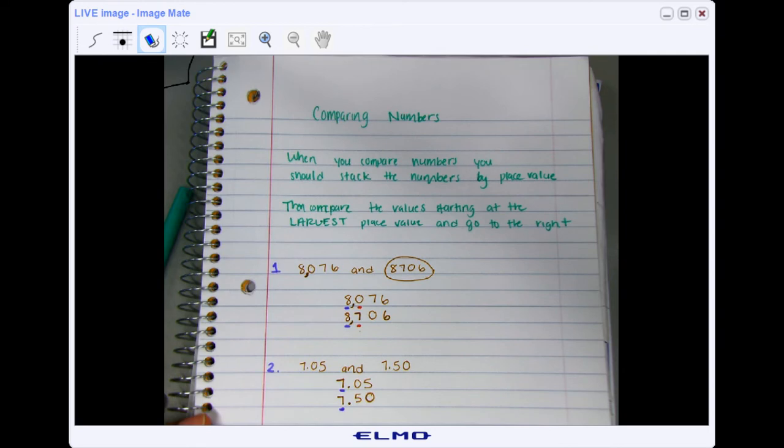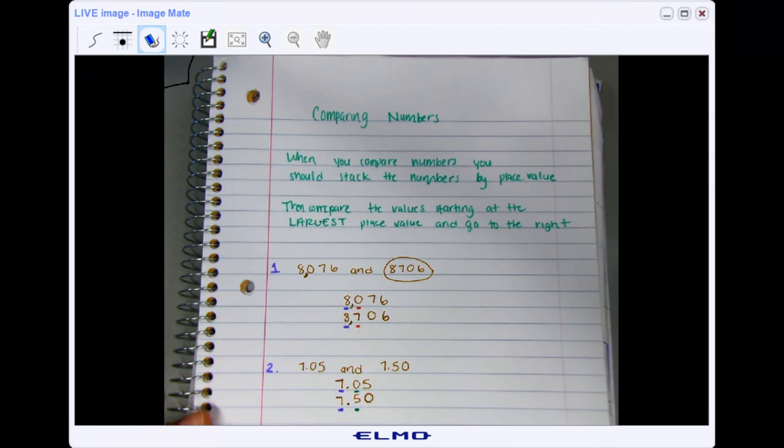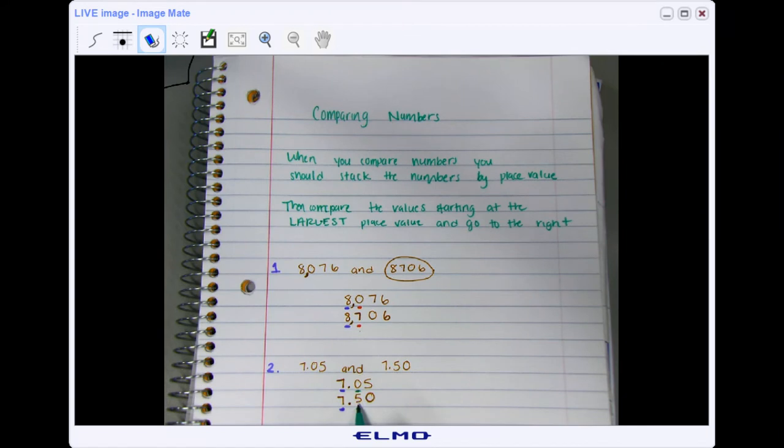And the next place value is the 10th place. There's a 0 in the 10th place and there's a 5 in the 10th place. What are you noticing? Which digit is worth more and has a larger value? The 5 in the 10th place is worth more than a 0 in the 10th place.